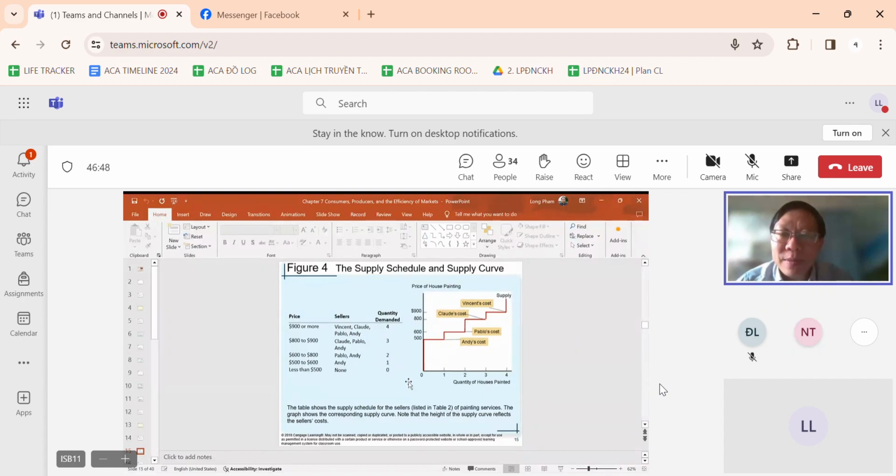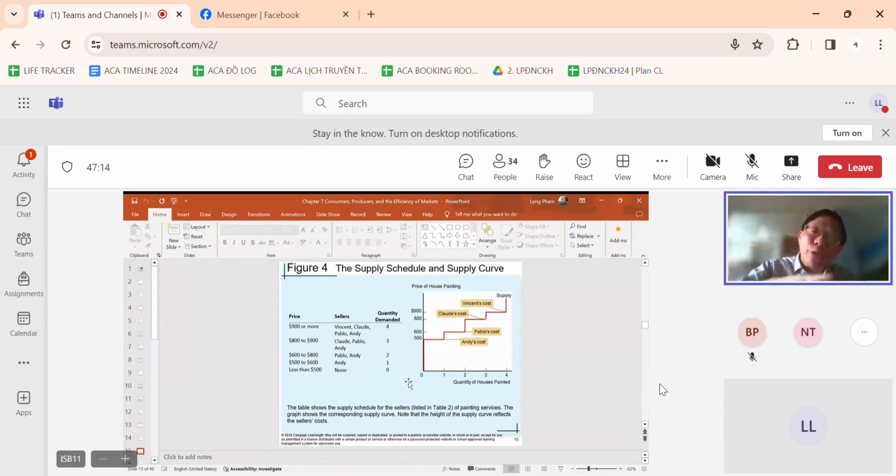Okay, good. Now keep going on. You can see the supply curve, based on the sellers' cost, is upward. However, because here we have just four sellers, the supply curve is something like stepwise. However, if there are many sellers, what will happen to the supply curve? It will create a straight line.